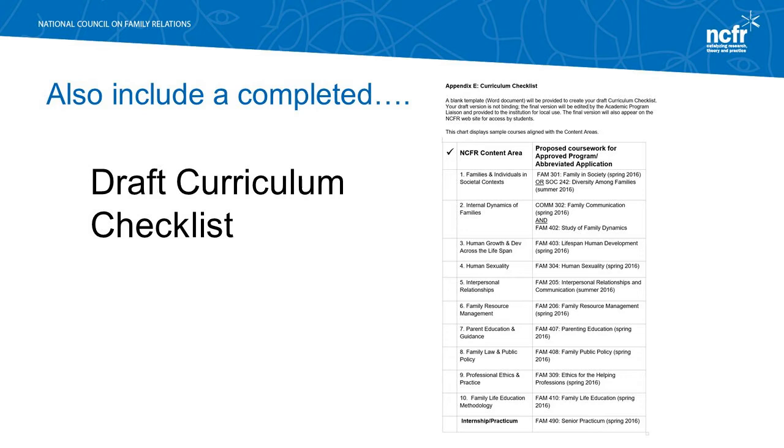So it has the 10 content areas listed as well as the practicum internship experience. In the left-hand column and along the right-hand column, then the various courses, course title and course acronym and number are listed there. All of the courses that the program is proposing as the best ones to accomplish the expectations of those different content areas.